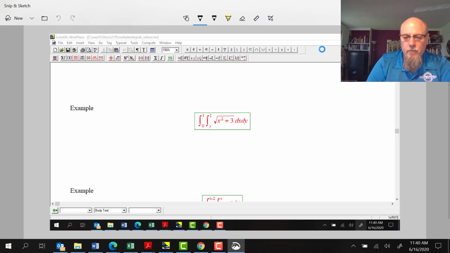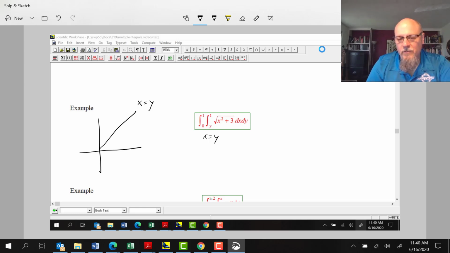If I look at this footprint, this is the curve x equals y, which is this line here. If I write it x equals y or y equals x, the same thing. And this is the curve x equals 1.